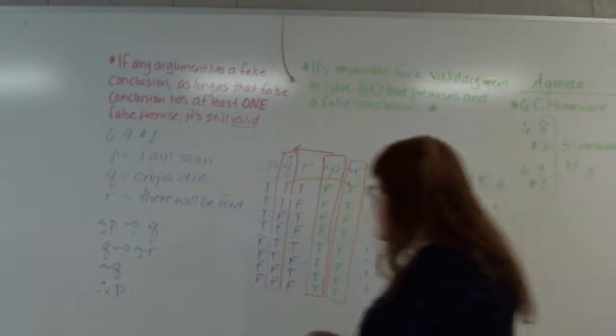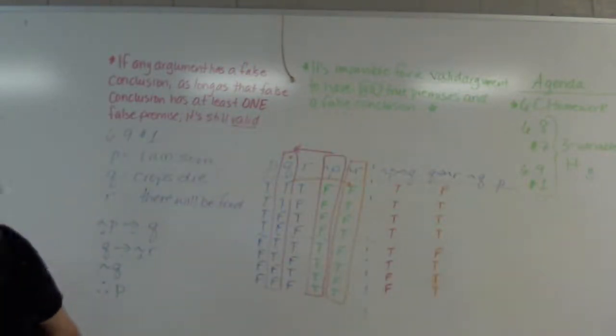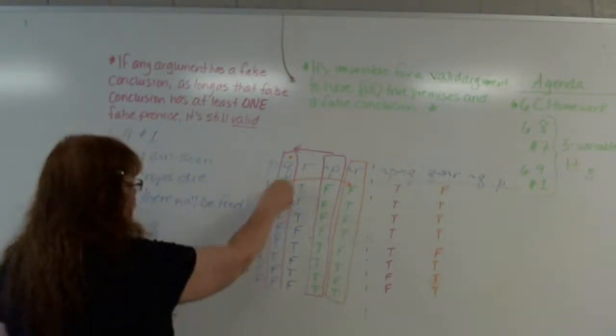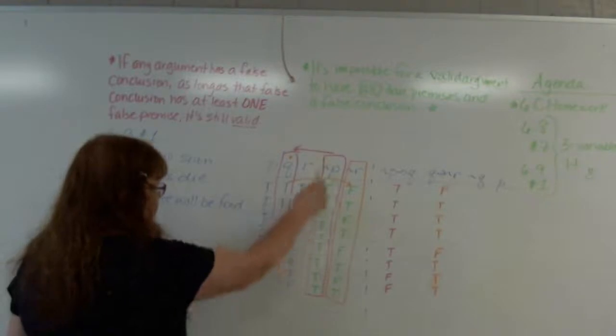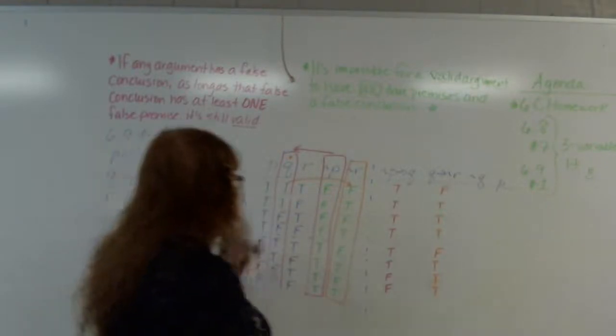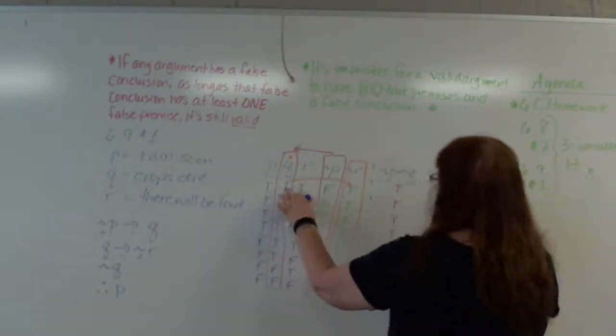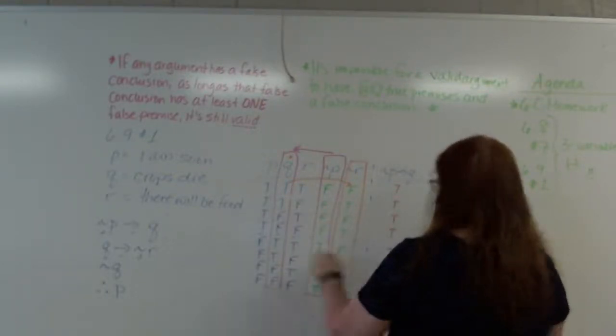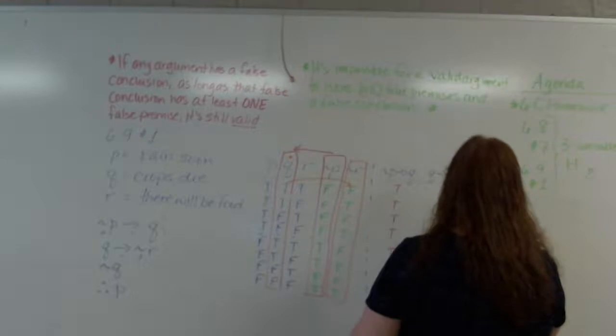Okay? Now these last 2 are pretty easy. My not Q is opposite day for this one, right? I don't have it over here yet. So it's my 2x2. Any place Q is true, not Q is false. True, true, false, false. So false, false, true, true.